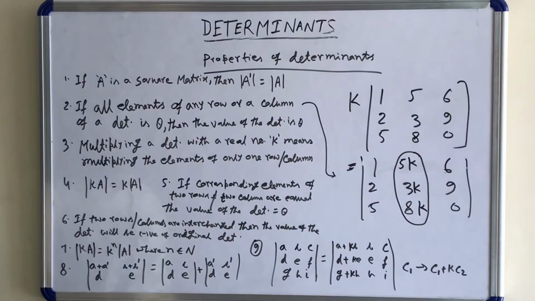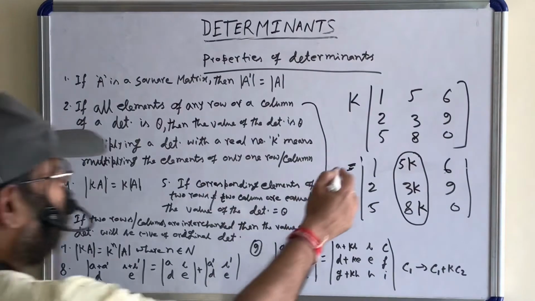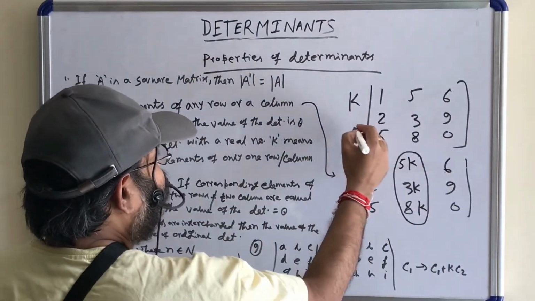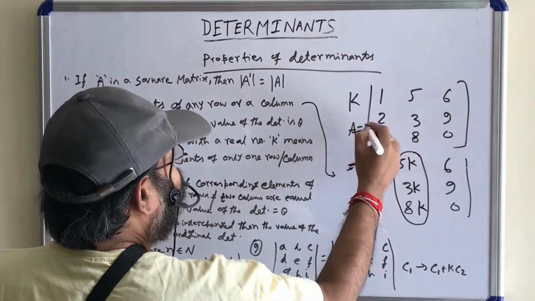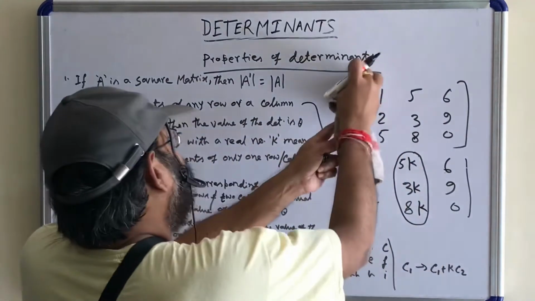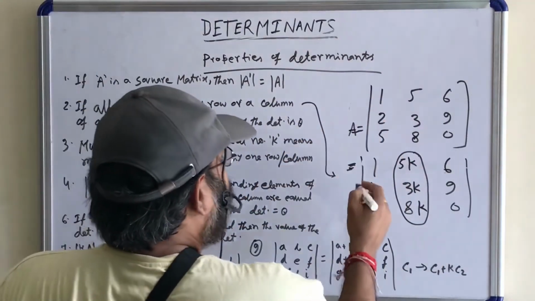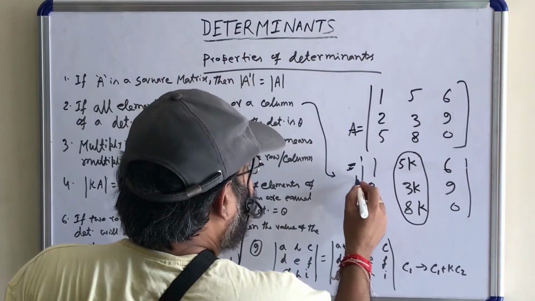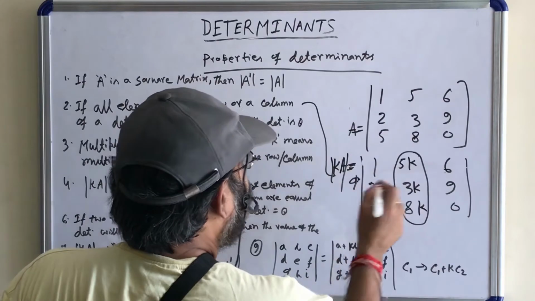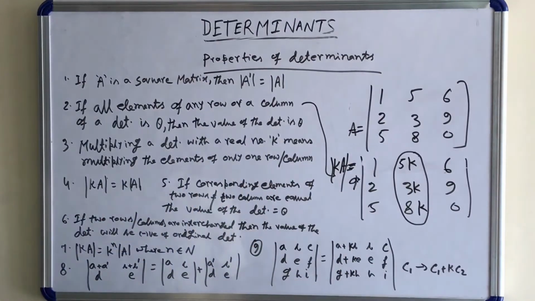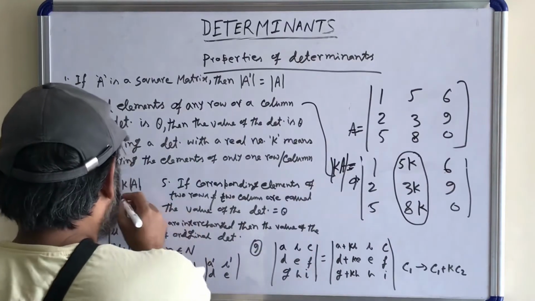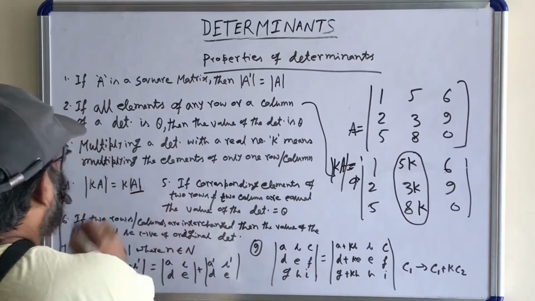Property 4, kA. If A is a determinant, then what would be kA? kA is this. Now the value of kA is equal to the value of determinant A multiplied by k.